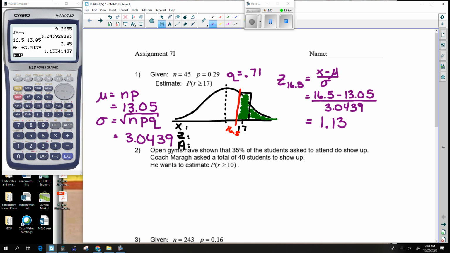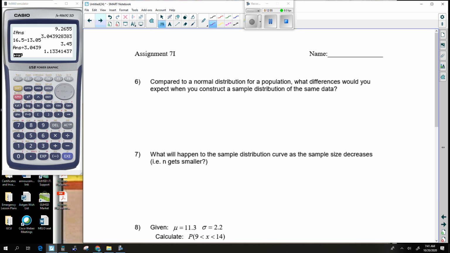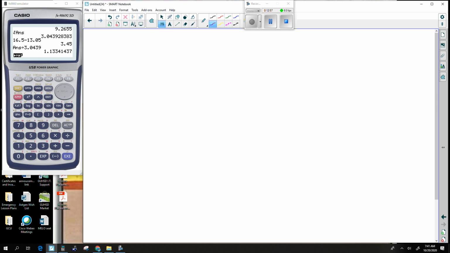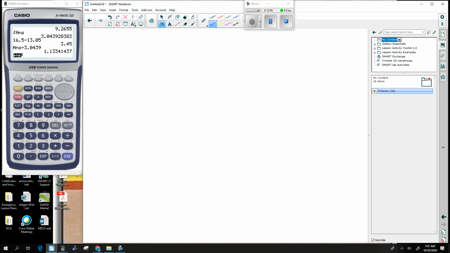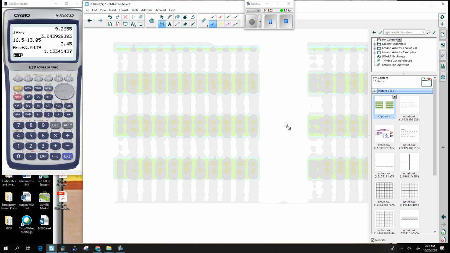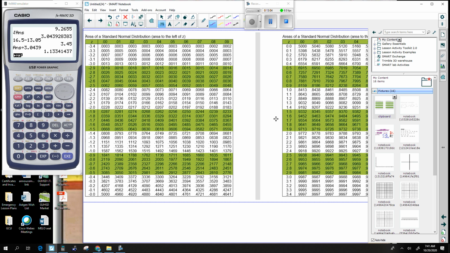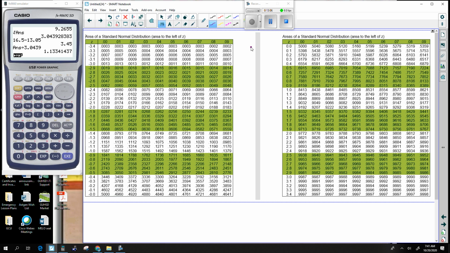That's 1.13. And then you can go ahead and find the area of that. So 1.13, I look up on my z-table. All right, 1.13, 1.13, 8708.